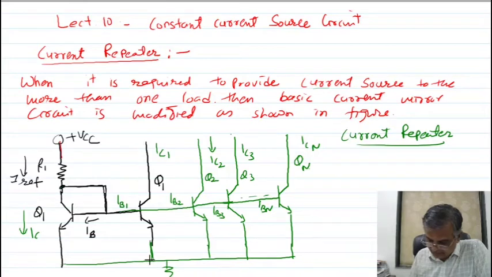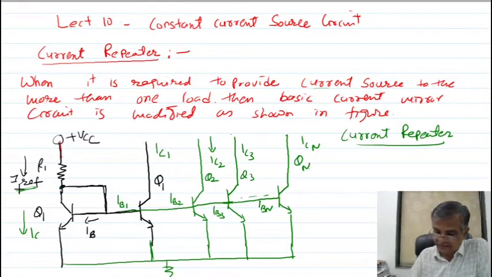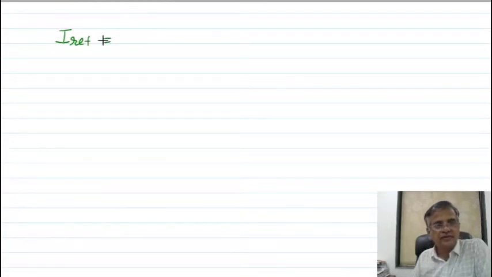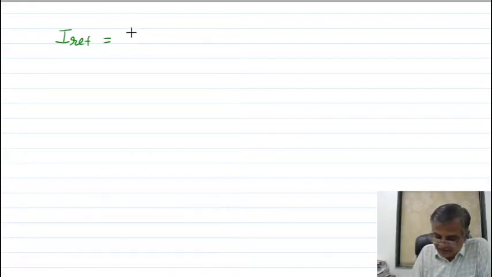Now I want to find the value of I reference. From the circuit you can say I reference is equal to IC plus base current.